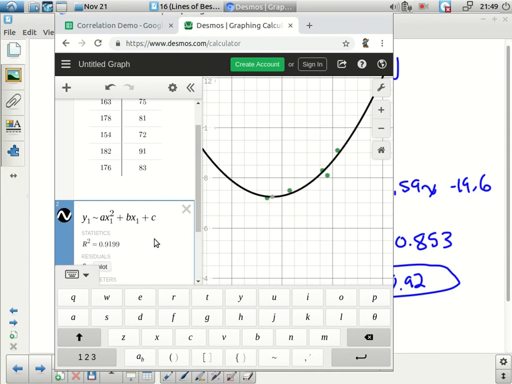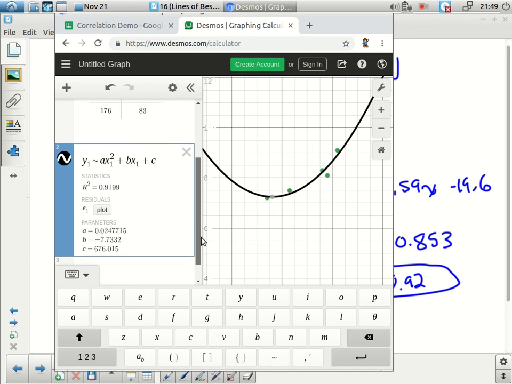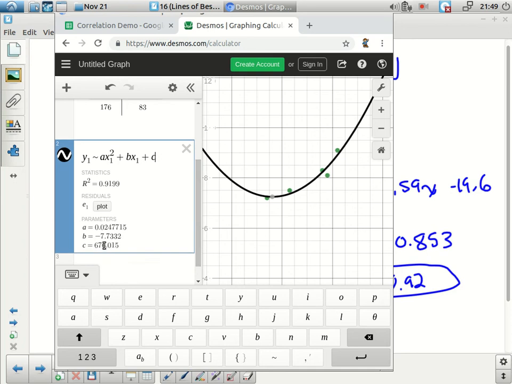Okay, that's the basic form of my quadratic. And again, right, we saw that 676 earlier, right? I get the same numbers, and it gives me my r squared. And you can see what the trend line looks like. Okay, so that's a couple different ways you can use technology to generate the values of r and r squared.